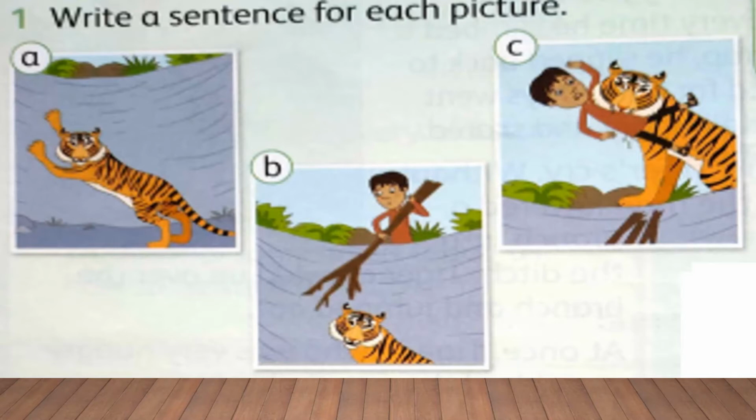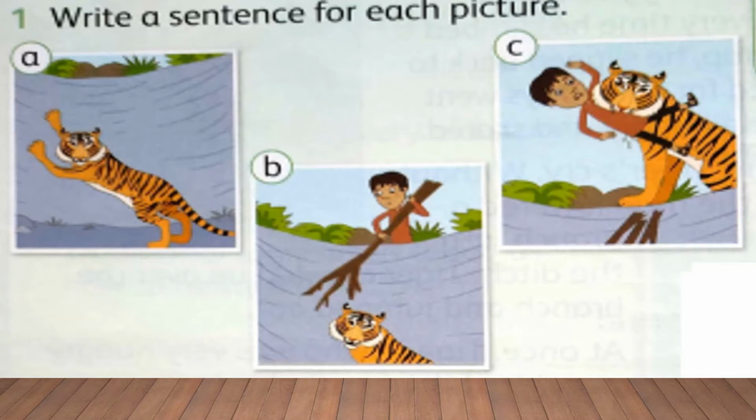In picture B, you can see the man with a branch in his hand trying to help the tiger. And in picture C, or picture number 3, you can see the tiger taking the man in his jaws.